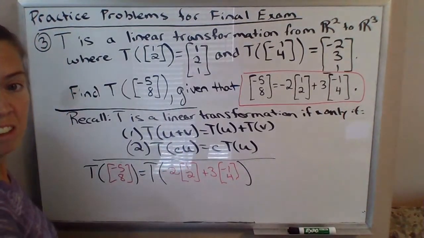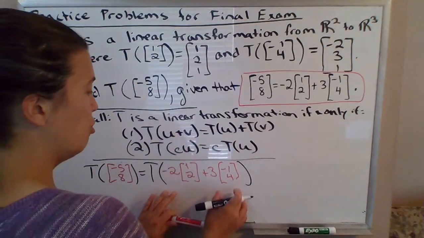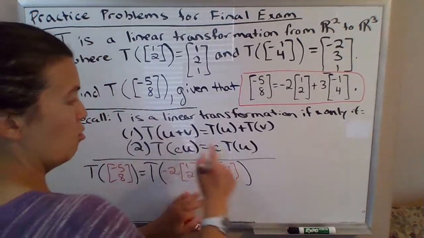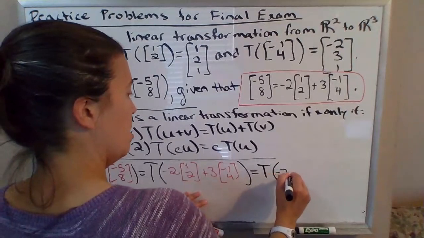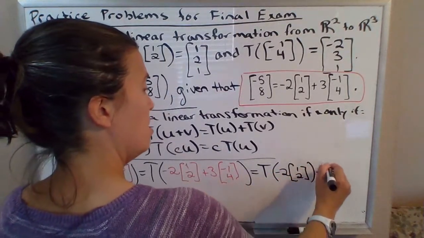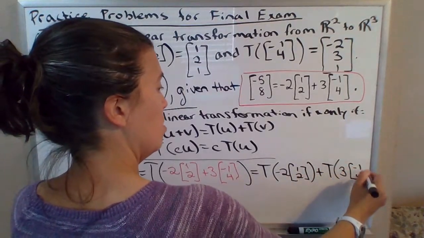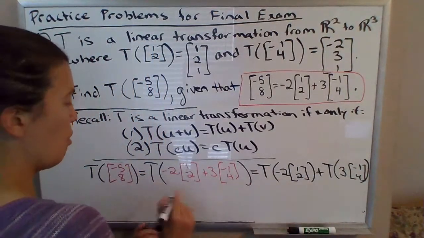Because T is a linear transformation, first of all, we've got a sum of two vectors. Thanks to this first property, we can say that that's equal to T of negative 2 times 1, 2 plus T of 3 times negative 1, 4. And then, because of this second property, we can pull out those scalar multiples.